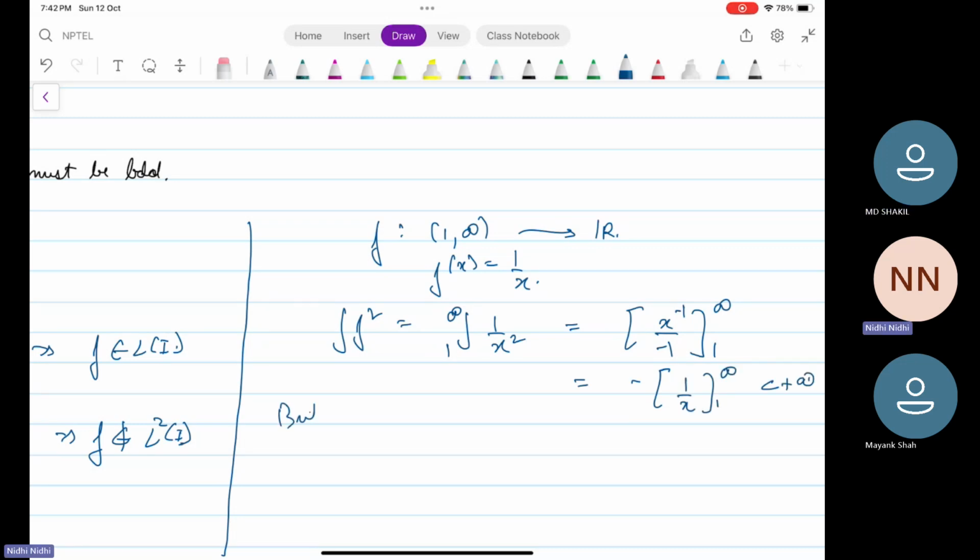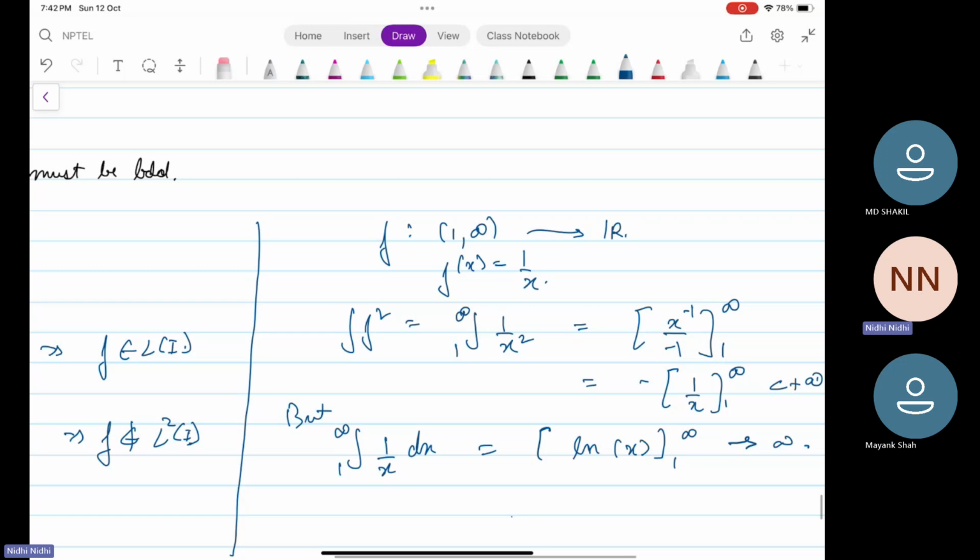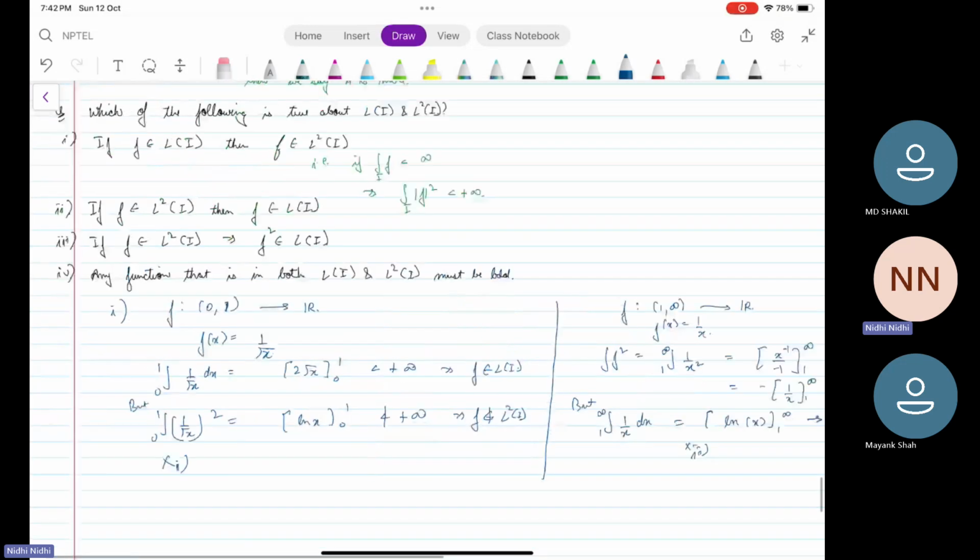But the integral from 1 to infinity of 1 by x dx will again have a log term, and this will go to infinity. Therefore, the second option is incorrect. The third one is clearly the definition.